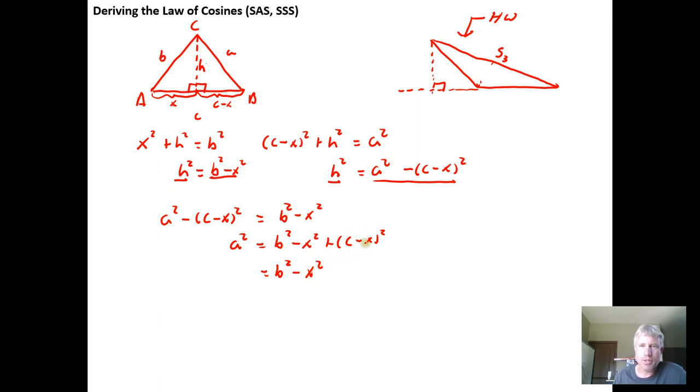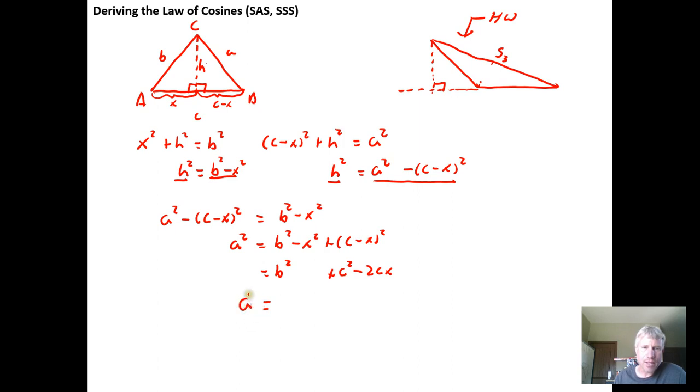Now square this binomial out, which is going to give us c times c is c squared. We're going to get c times minus x is minus cx, 2 times, so we're going to get minus 2cx. And minus x times minus x is going to give us a plus x squared. And then I want to see here that the minus x squared plus x squared will equal 0. So I can clean those out.